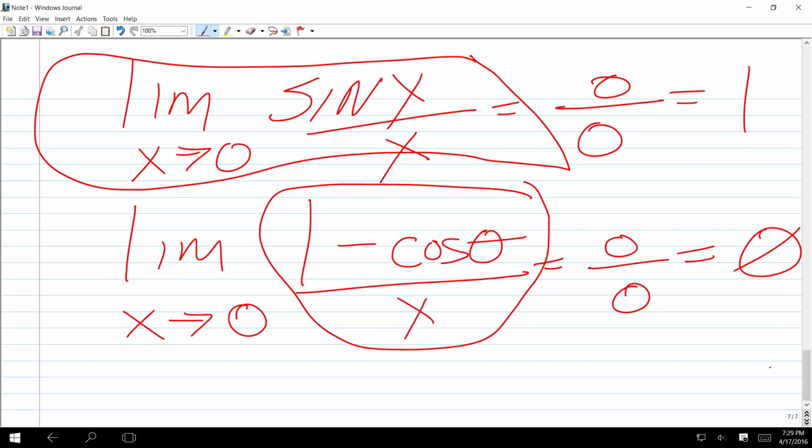There's something called L'Hopital's rule, where when you have 0 over 0 or infinity over infinity, you can take the derivative of the numerator and the derivative of the denominator, and that'll tell you the answer. But that's advanced calculus, which they can't really start you out with. So it's kind of a catch-22 with calculus.